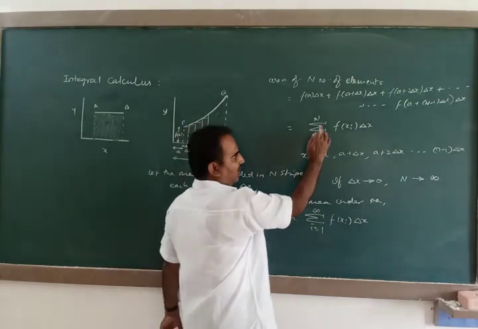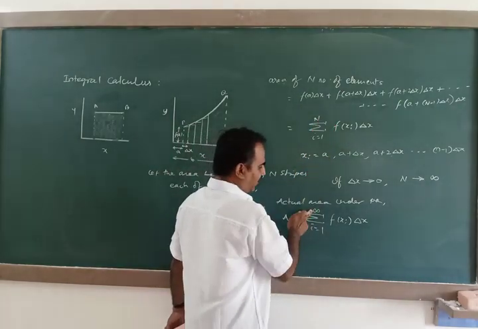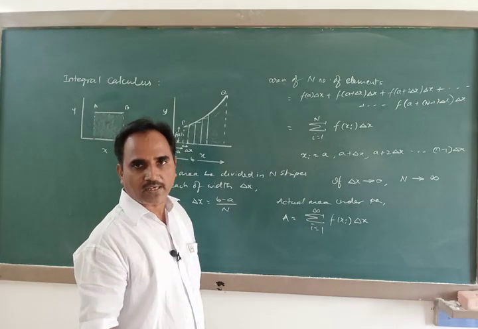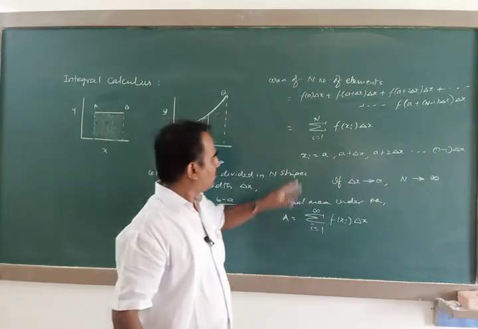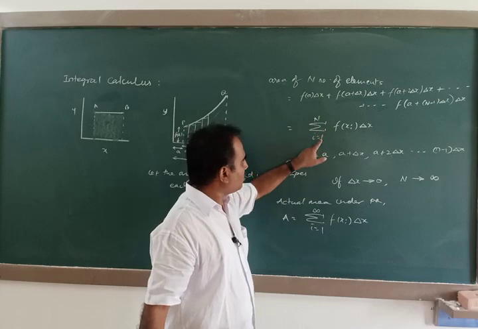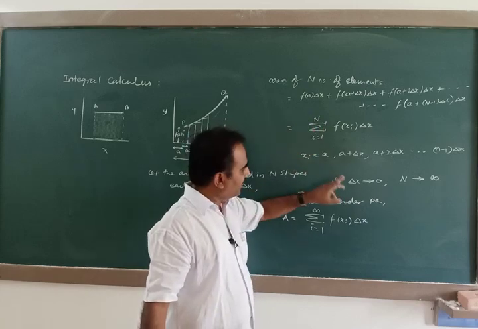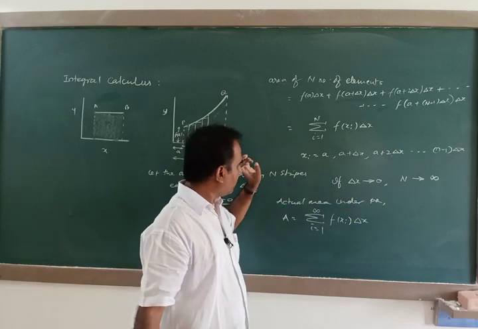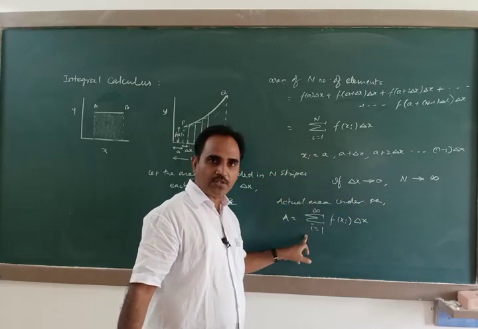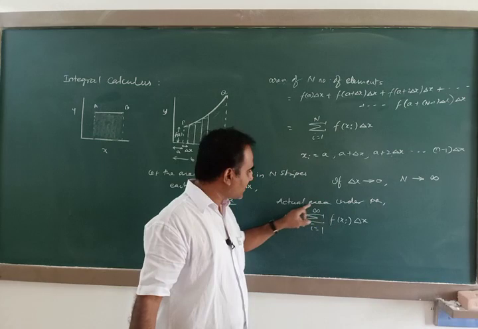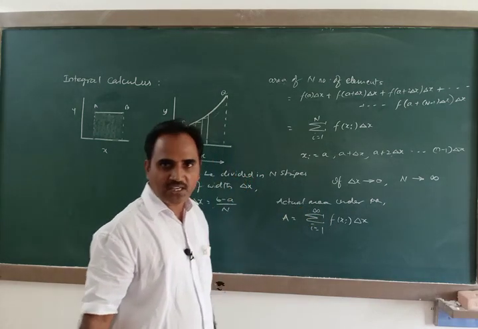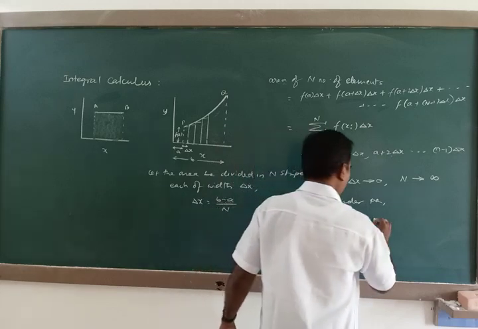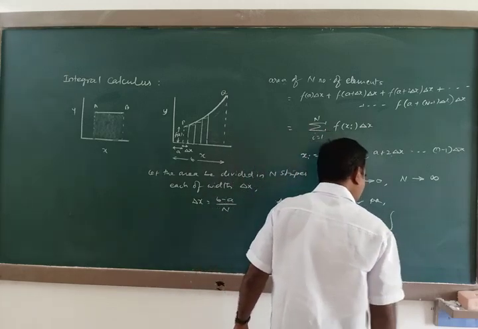That means this limited summation becomes infinite summation. Understand? So here the summation is 1 to n. When delta x tends to 0, n tends to infinity. Therefore the summation will become infinite summation. This infinite summation is represented as integration.